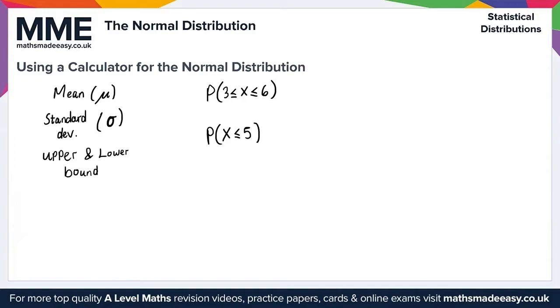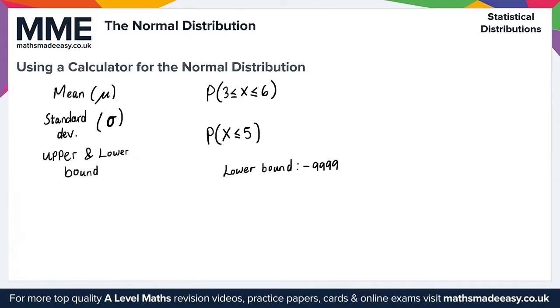In this case, we take the lower bound as an arbitrarily small value. We want to take this to a sensible level of accuracy such that it doesn't impact our probability. We usually denote our lower bound as minus 9999, which would usually suffice and not affect the accuracy of our probability.